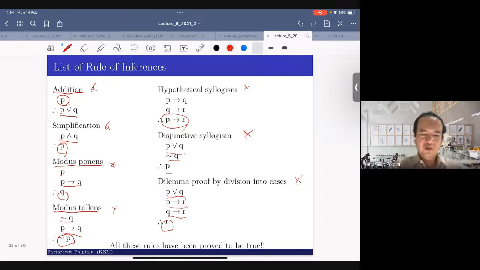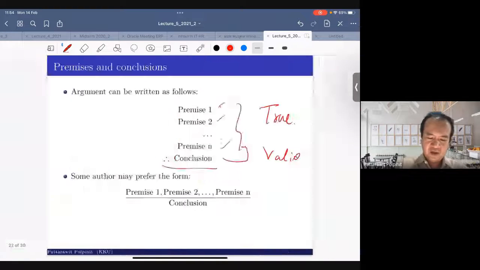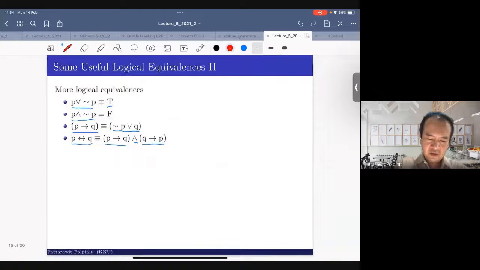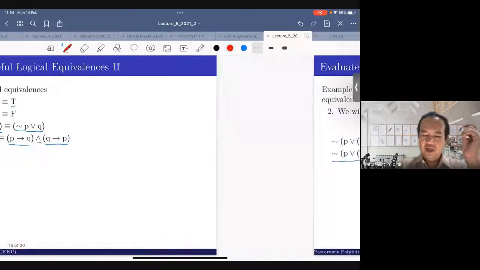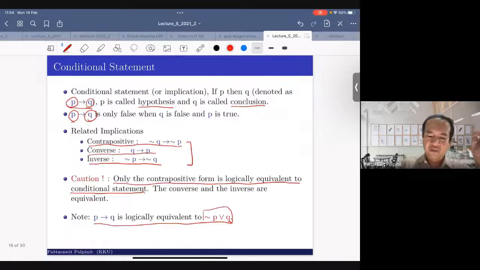So today we discussed a lot more on logical equivalence and truth tables. We've seen a lot of useful logical equivalences. Then we talked about tautology and contradiction.